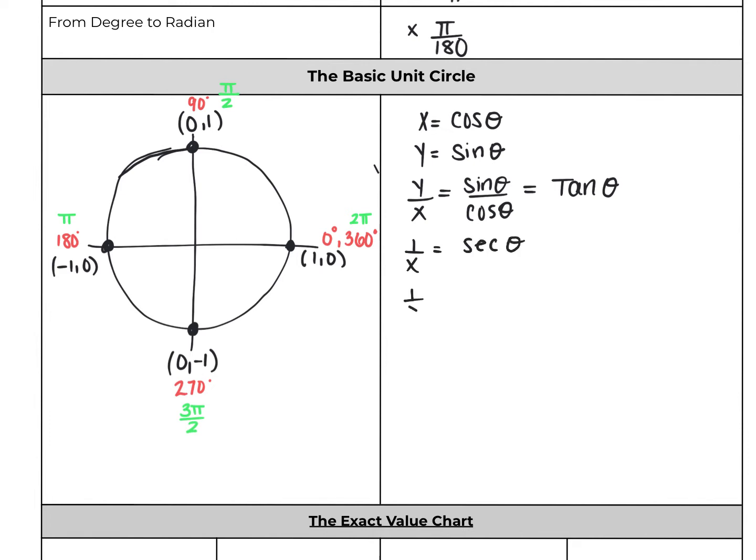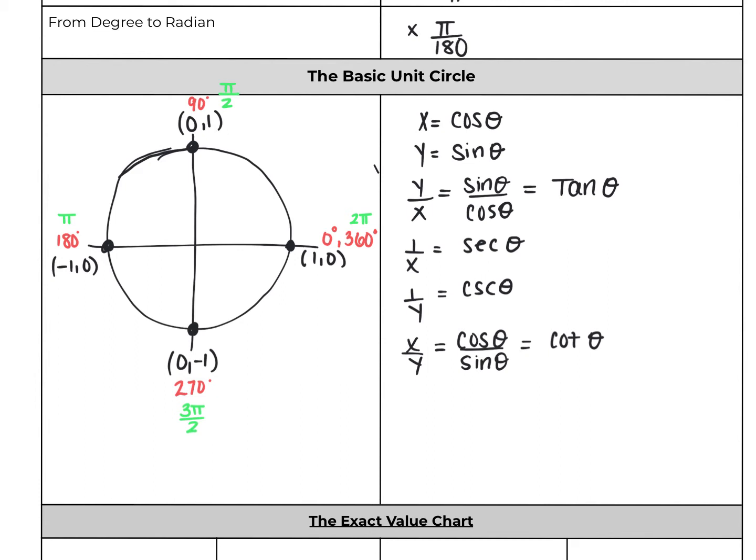We know that 1 over y is the reciprocal of sine, which is cosecant. And we know that x over y is the reciprocal of y over x, or sine over cosine, which is tangent. So the reciprocal of tangent is cotangent. So it's cos over sine, and then it would become cotangent.